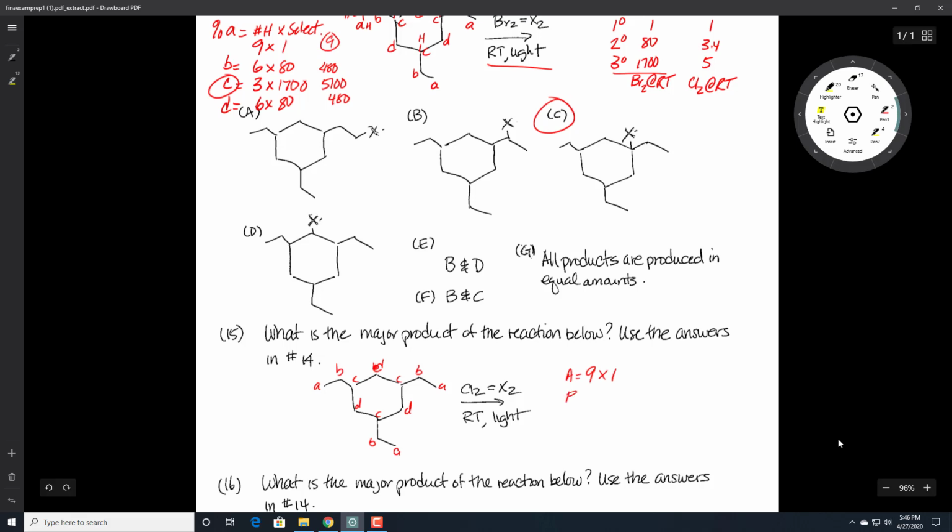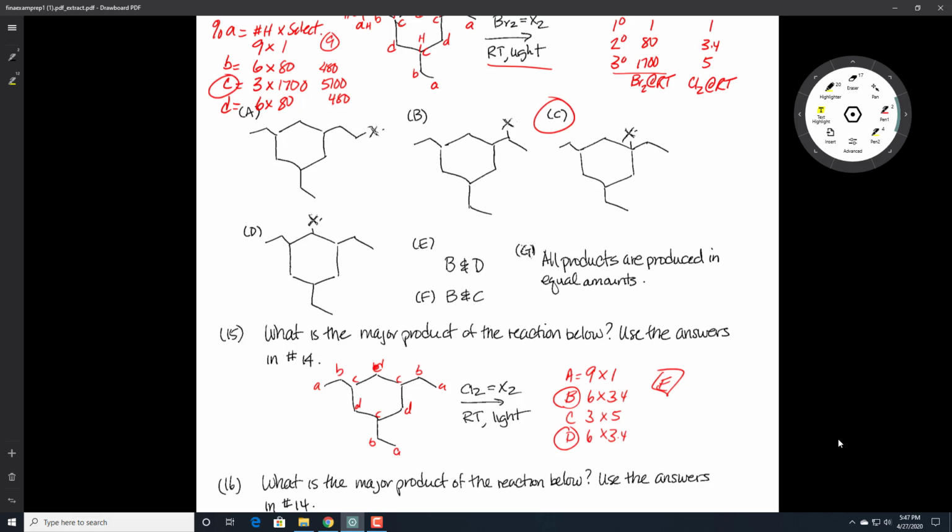For B, we've got 6 hydrogens times 3.4. For C, we've got 3 hydrogens times a selectivity of 5. And then for D, we've got 6 more hydrogens because there's 2 per position D, times a selectivity of 3.4, which means B and D, which is letter E in what I've given you, is the correct answer, because B and D would be formed in equal amounts.